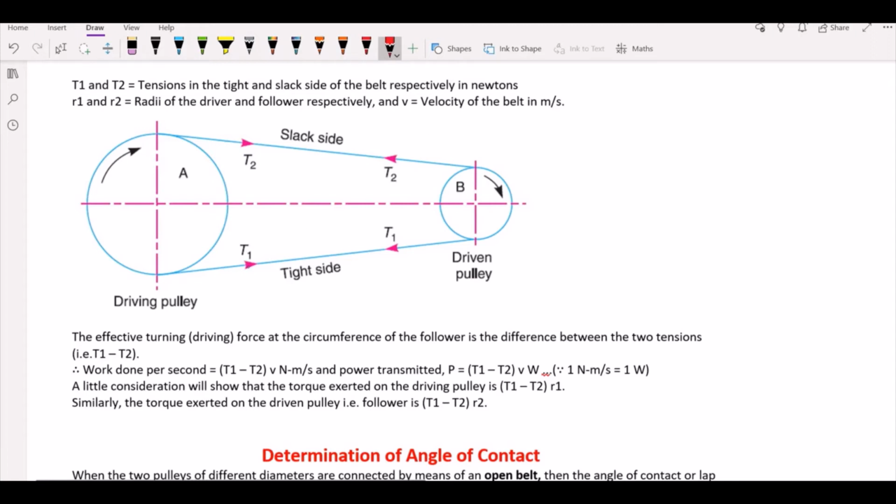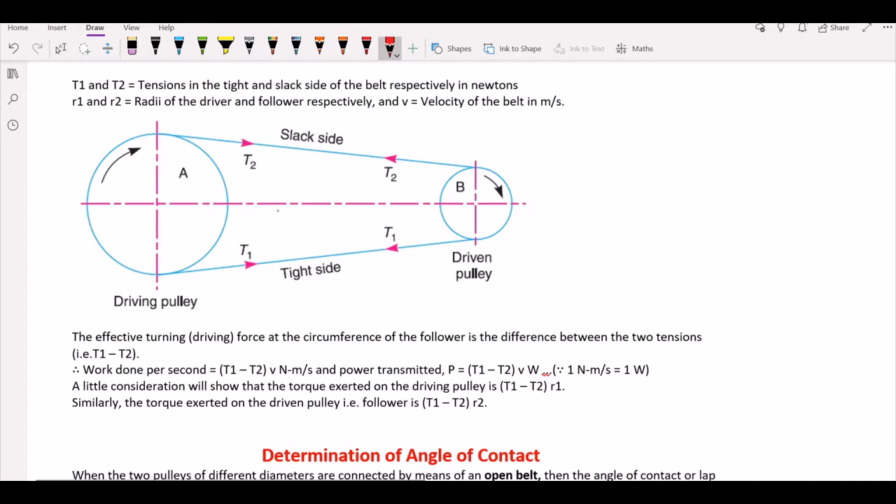Then the force on the circumference of the follower is nothing but the difference between both tensions, T1 minus T2. That is your driving force, the difference of your tensions. Next, the work done is this difference of tension into velocity.